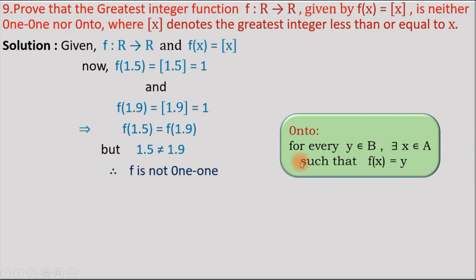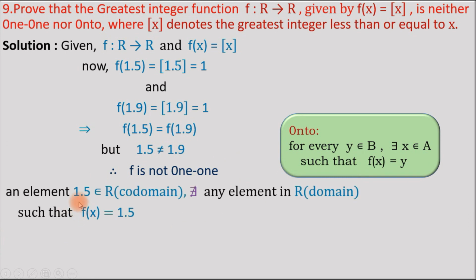For an onto function, choose an element in the codomain which is not an image of any element of the domain. So take an element 1.5 which belongs to the codomain. There does not exist any element in our domain such that f of x equals 1.5.